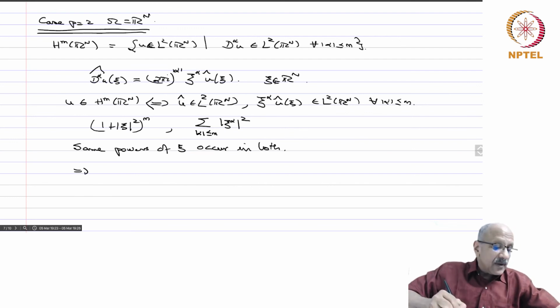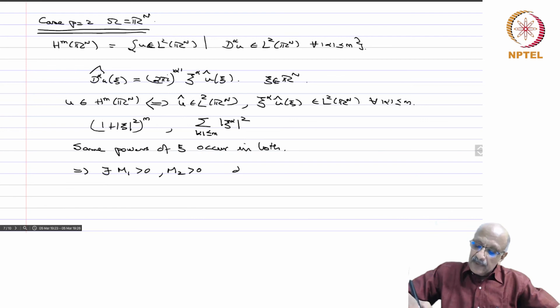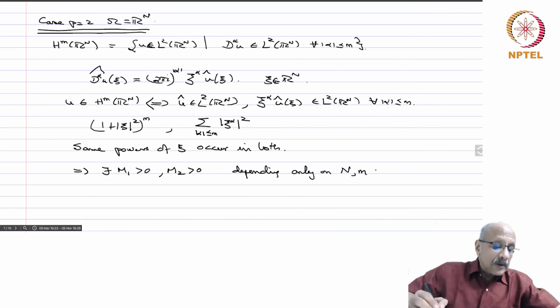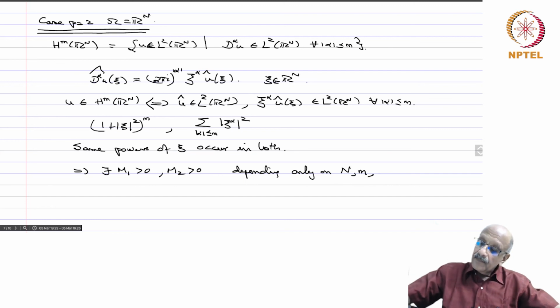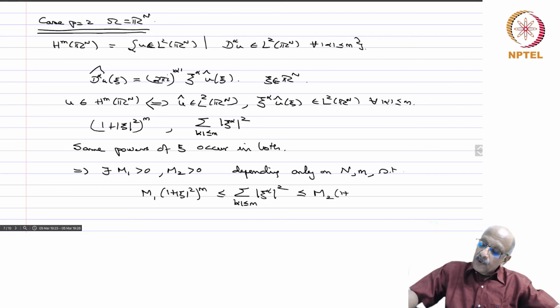So, this implies there exist m1 greater than 0 and m2 greater than 0, depending only on the dimension and m, such that m1 (1+|ξ|^2)^m is less than or equal to the sum over |α| ≤ m of |ξ^α|^2, which is less than or equal to m2 (1+|ξ|^2)^m.